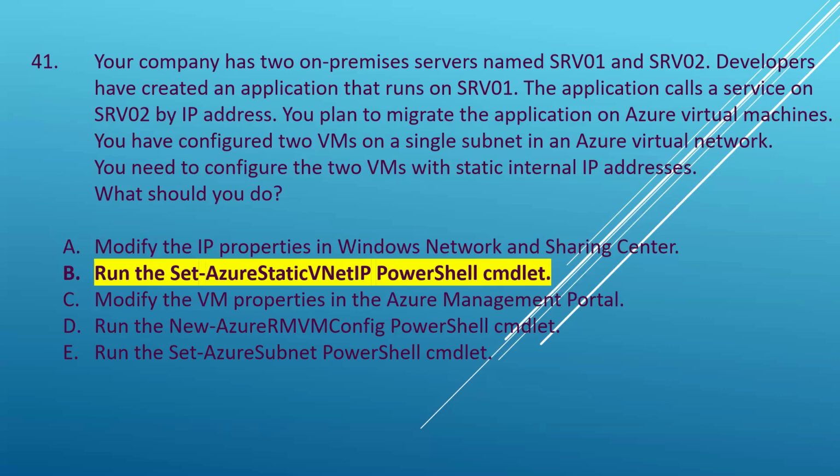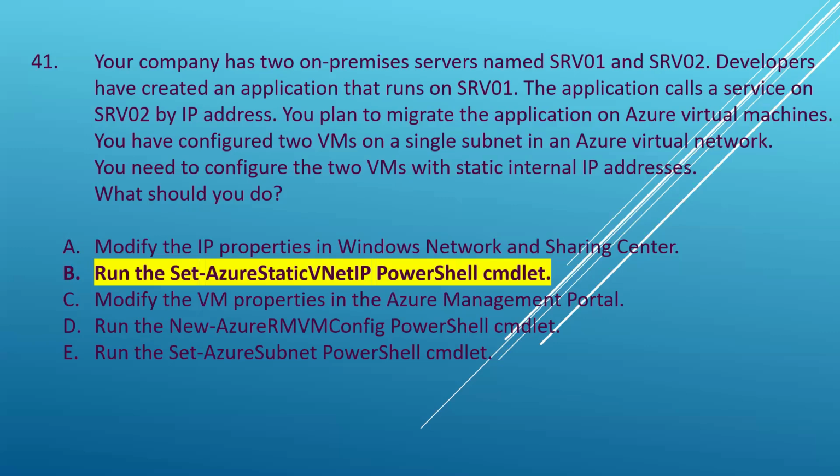Let's now look at why other options are not correct. Option A says modifying the IP properties in Windows Network and Sharing Center. It only applies to the local network interface of the VM and does not set a static internal IP address for the VM on the Azure Virtual Network. Option C is modifying VM properties in the Azure Management Portal. It does not provide a way to set static IP addresses for virtual machines.